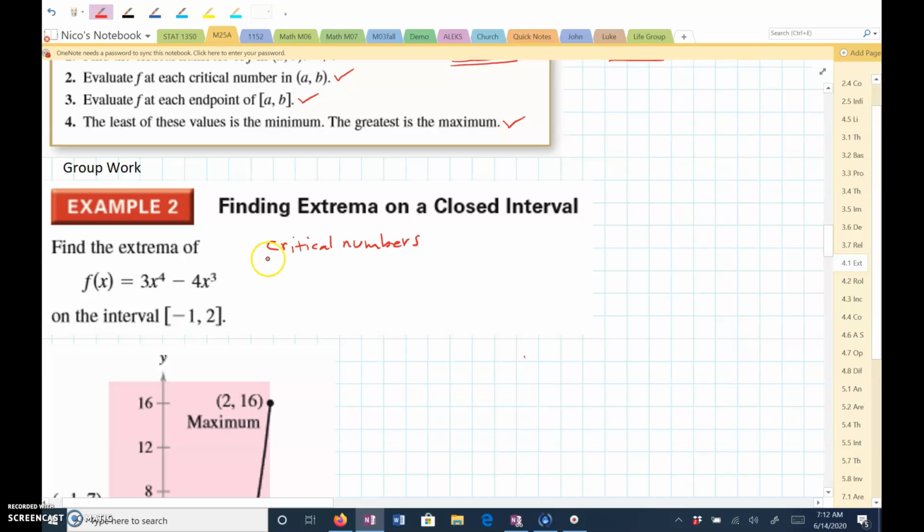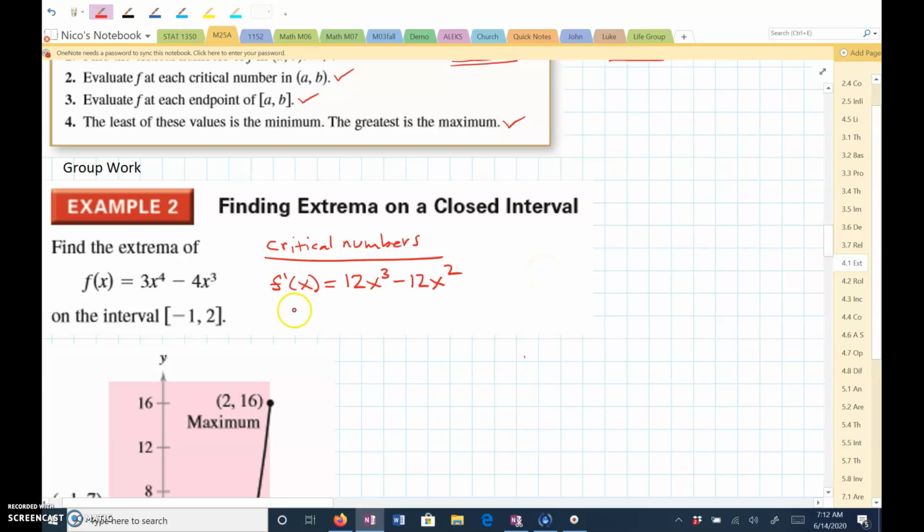We need to take the derivative of this function. It's an easy one, the power rule. This would be 12x to the third minus 12x squared.